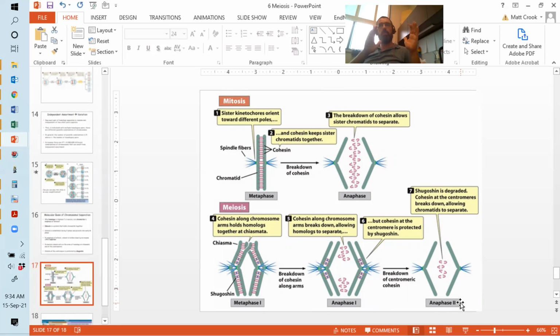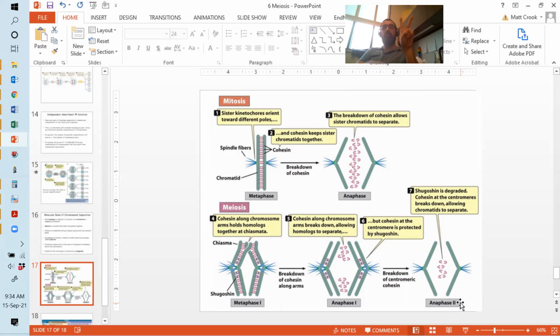So this is how we coordinate that. The diploid comes together, recombination holds them together, anaphase 1 pulls the homologous chromosomes apart, then in anaphase 2, the remaining Shugoshin that's holding these chromatids together gets degraded.